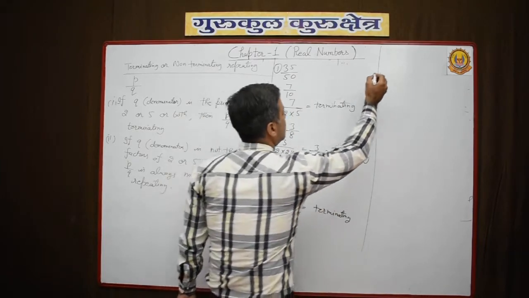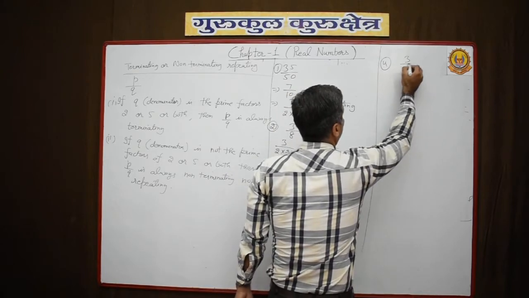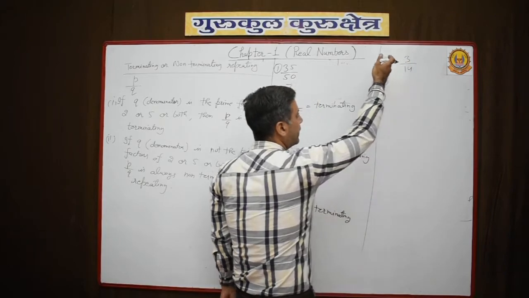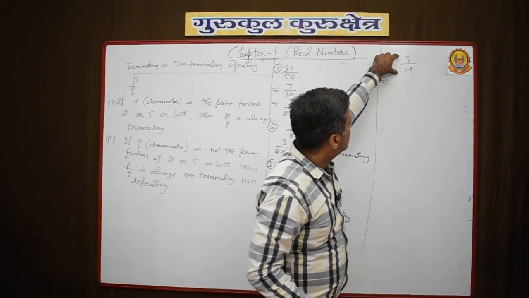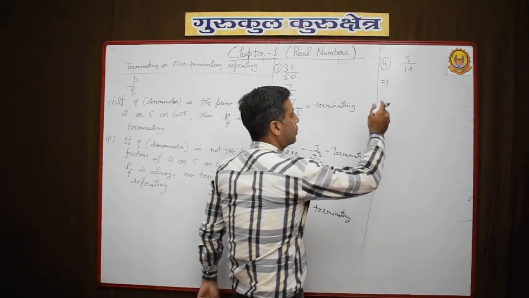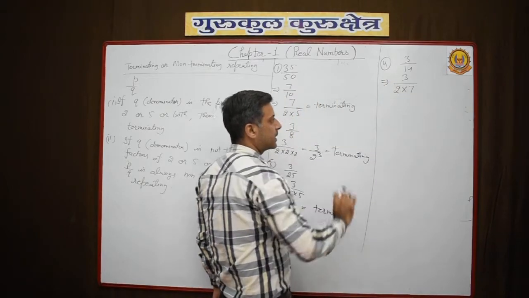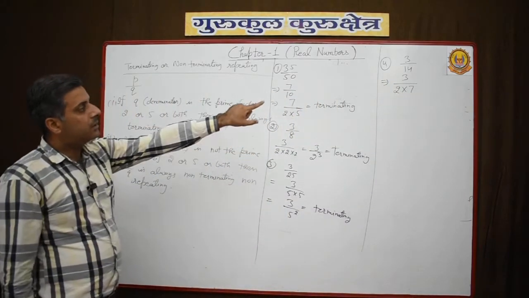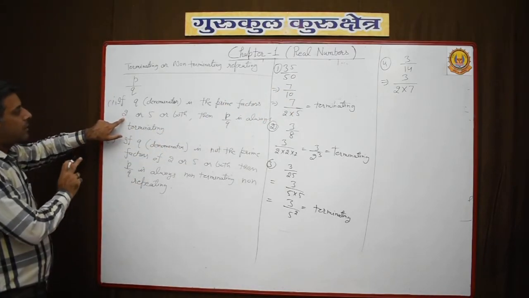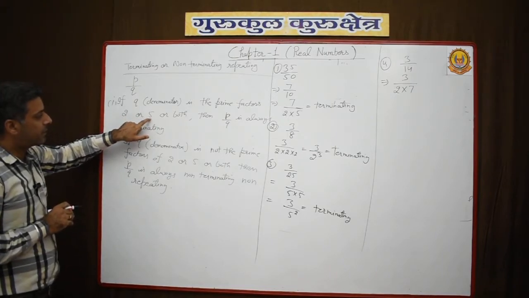Now one more example. Suppose I have the number 3 by 14. This is already in simplest form. They do not have any common factor other than 1. Now look at the denominator. Make the factors 2 into 7. Here the prime factors are 2 and 7 both. But here either 2 should be the prime factor, 5 should be the prime factor, or both.